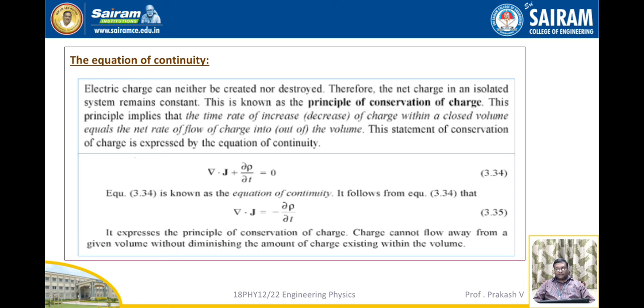This statement of conservation of charge is expressed by the equation of continuity, that is del dot J plus ∂ρ/∂t is equal to 0, or del dot J is equal to minus ∂ρ/∂t. So it expresses the principle of conservation of charge. Charge cannot flow away from a given volume without diminishing the amount of charge existing within the volume.